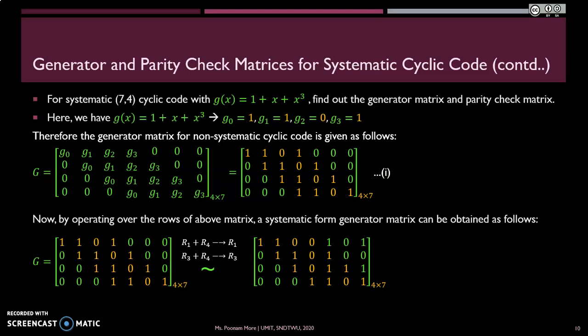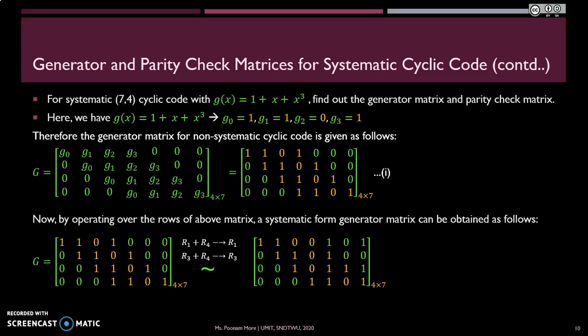So the generator matrix will be made up of the identity matrix along with the parity matrix, and the position of these will be either such that first you have the identity matrix followed by the parity matrix, that is the coefficient matrix, or else you have the parity matrix followed by the identity matrix. Either of these variations will be considered as a systematic generator matrix, as we will see as we move further.